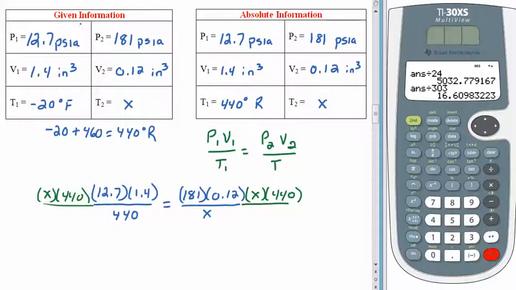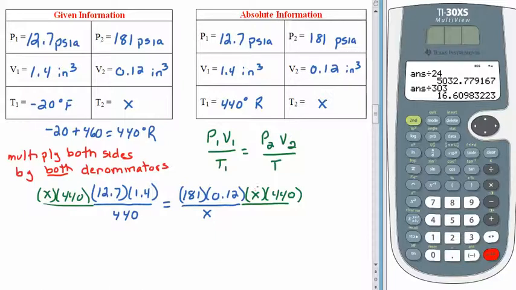We should probably write down what we just did. Multiply both sides by both denominators. And let's see what that does for us.